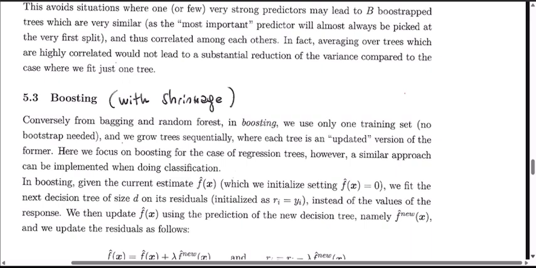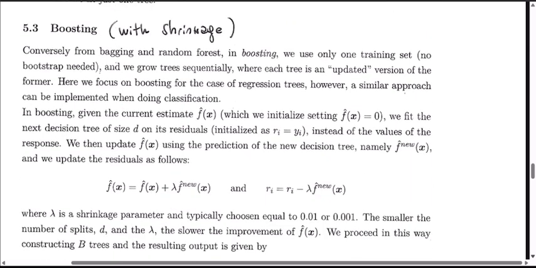Now we want to move to boosting. Why do we need boosting? The only problem we're trying to solve with bagging and random forest is the problem of high variance. We're not solving the problem of bias. I'm going to say that again. We're not solving the problem of bias.